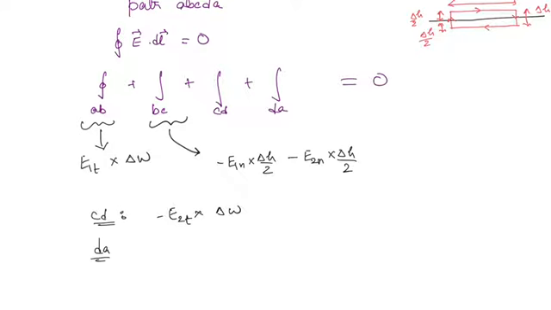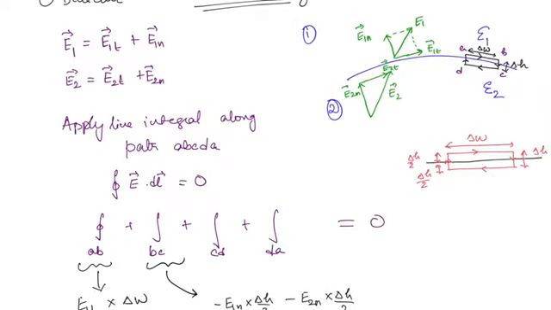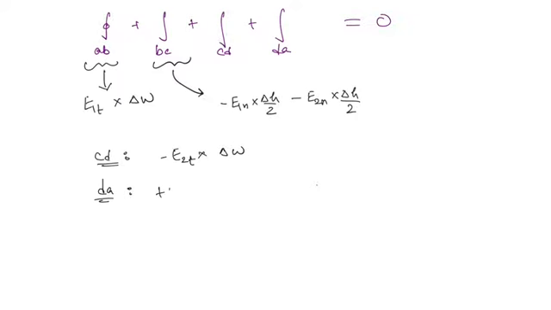And next is DA, just similar to BC, but here now it is going to be positive values because we are going from D to A. E2n is also in the same direction, E1n also in the same direction, so you're going to get positive values. Okay, so plus E2n into delta H by 2, because we're coming from the second medium, plus E1n into delta H by 2.